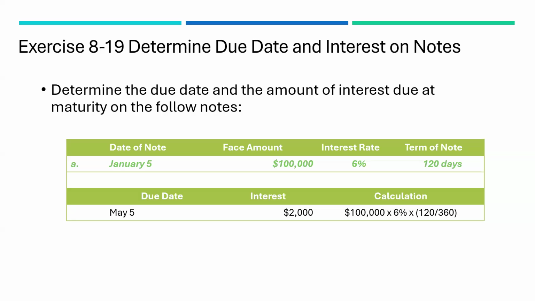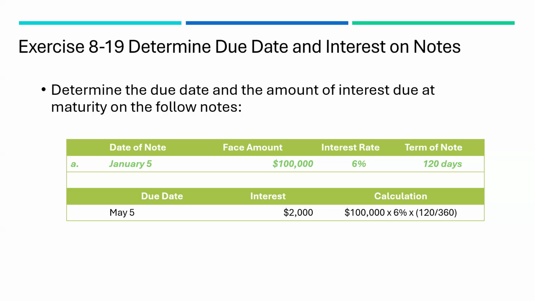If they had quarterly reporting, they would have to accrue the interest for this period to report on their quarterly financials. And then when the note finally matures, they'd have to record that extra 35 days.